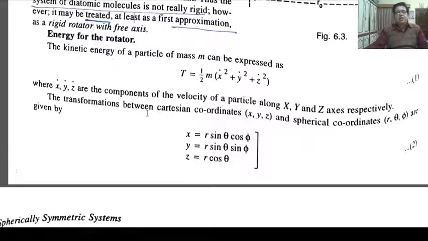The transformation between Cartesian coordinates and spherical coordinates is given by x equal to r sin theta cos phi, y equal to r sin theta sin phi, z equal to r cos theta.